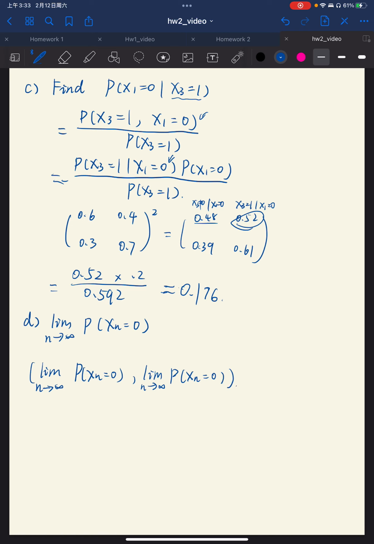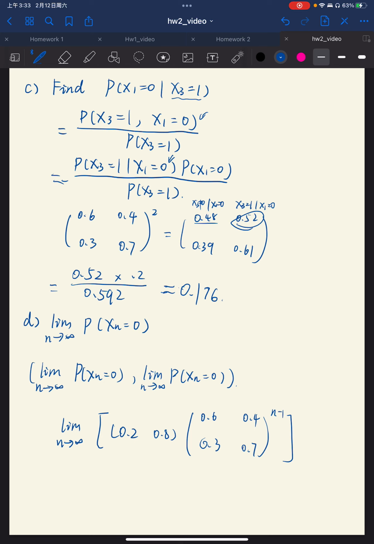If we just consider the part inside the limit, we have the probability 0.2, 0.8 for x1 equals 0 and x1 equals 1, and all the other part 0.6, 0.4, 0.3, 0.7 to the power of n minus 1.